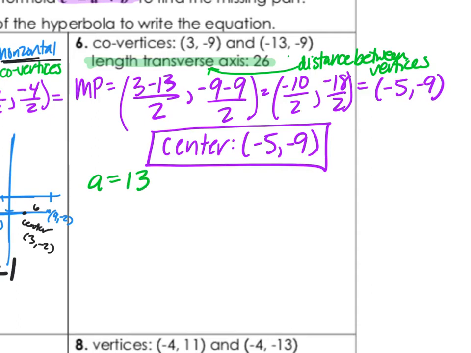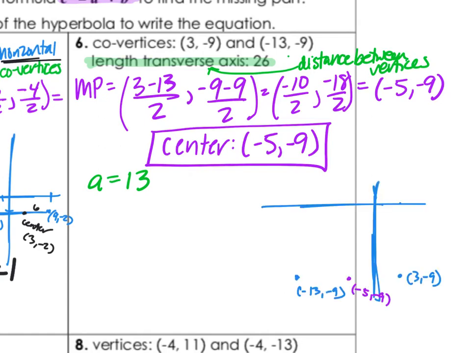And in order to find b, all we have to do is sketch out a coordinate plane. And notice that I'm just in quadrants 3 and 4, and I've plotted my 2 co-vertices and the center. You can see here that the distance between the center and the co-vertex is going to be 8.